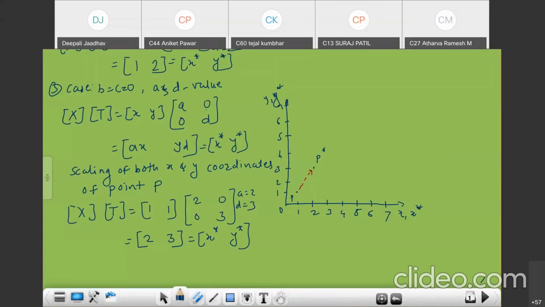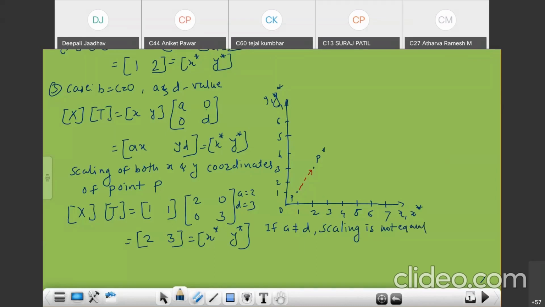For example, if A is not equal to D, both are different, in this case 2 and 3, then the scaling is not equal.